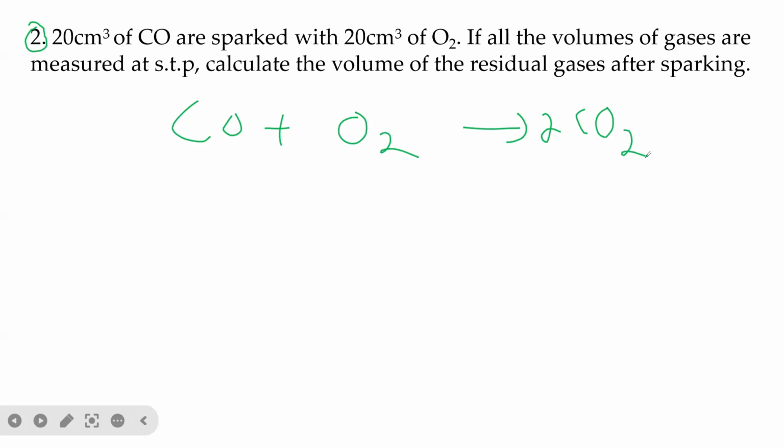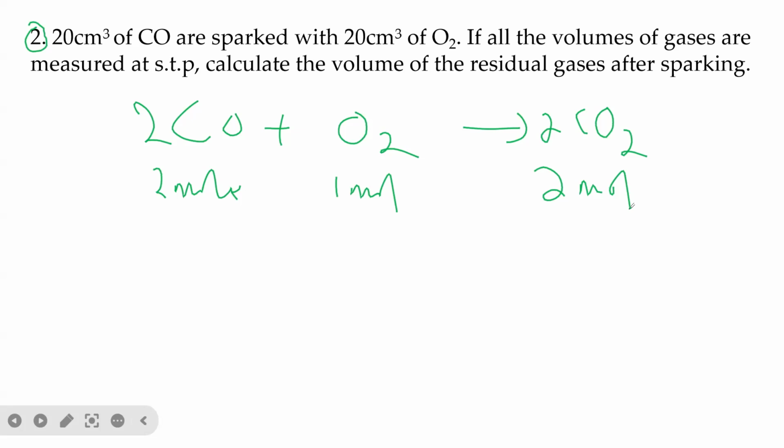So this is the equation of the reaction, and we have to balance it. So 2 molecules of carbon monoxide react with 1 molecule of oxygen to produce 2 molecules of carbon dioxide. The next thing is to derive the mole. So we have 2 moles of carbon monoxide, and 1 mole of oxygen to produce 2 moles of carbon dioxide.